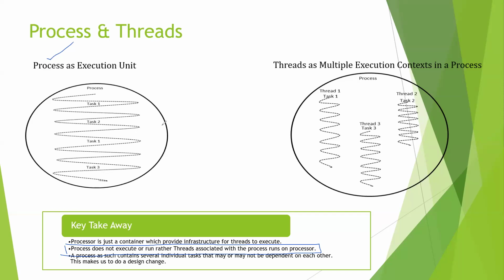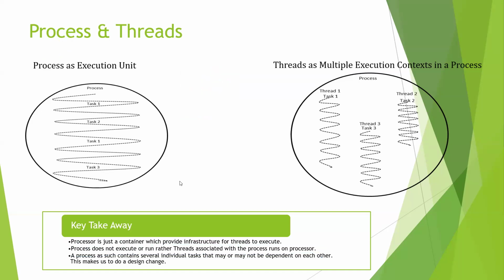You can consider that, so let's say this is a container called a process, and it executes threads. There will be multiple threads, and they execute your workload. So a process is basically a collection of threads which executes your workload. In simple words, whatever application is running on the system is called one process.